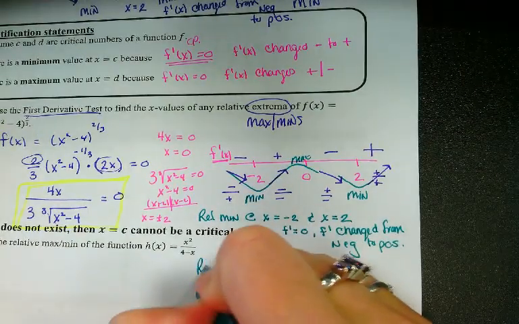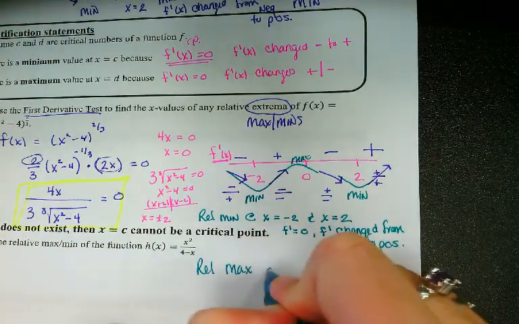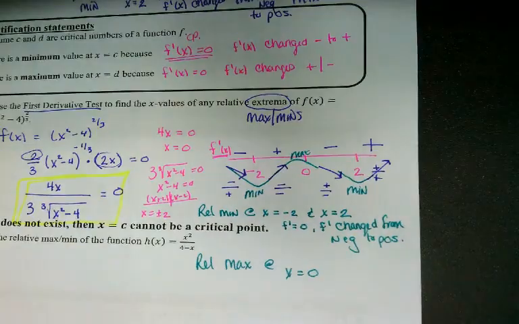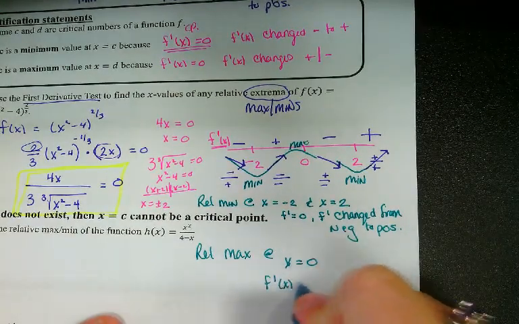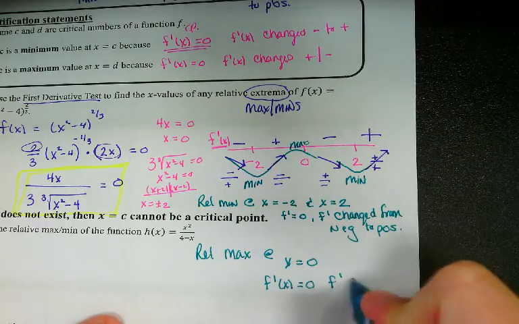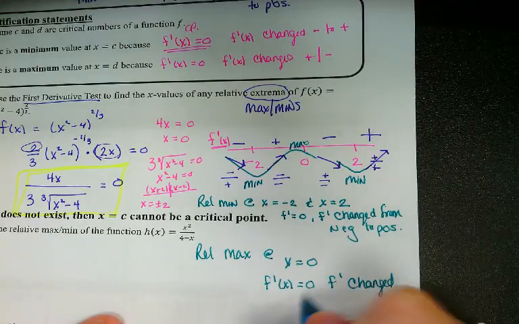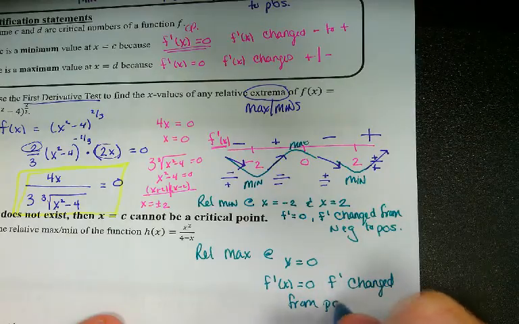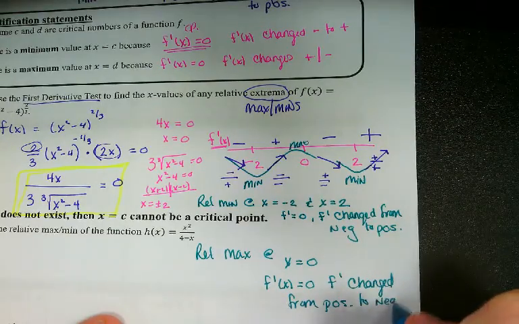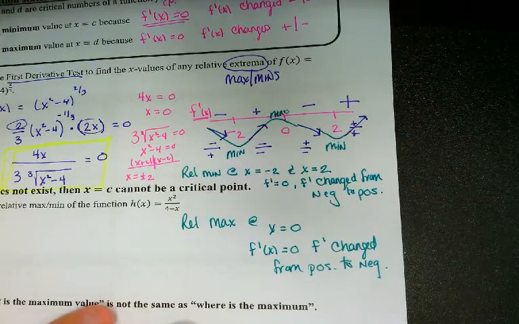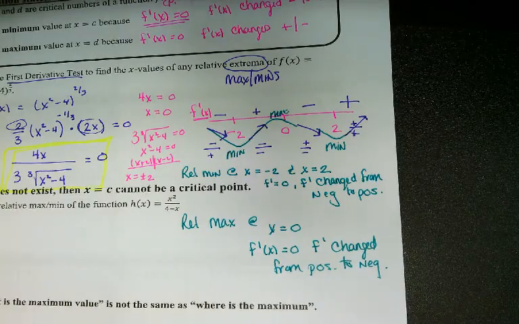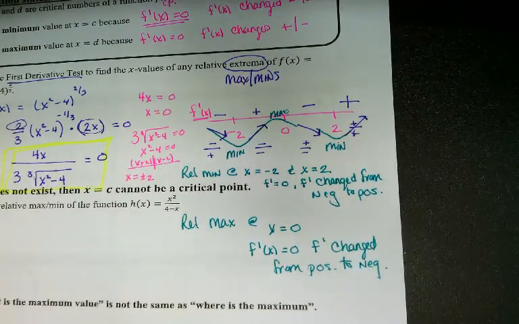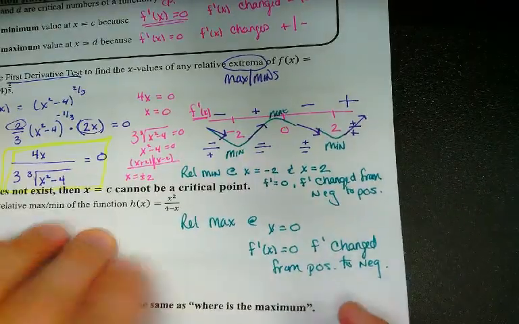Then we have a relative max at x equals 0, because f prime equals 0, and then f prime changed from positive to negative. All right, so increasing, decreasing, max, min all need a sign chart to answer any question about them algebraically.